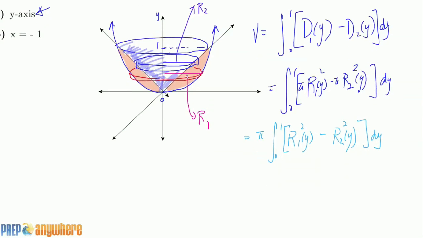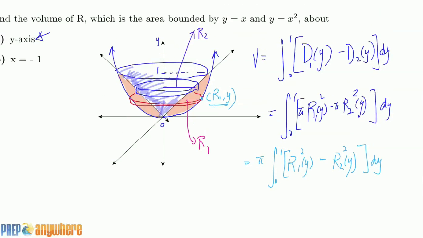So anyways, R1 is the x value on the parabola, right? Like this coordinate right here will be some x value with R1, like this. Right? So we need, oh sorry, that's backwards. I meant the x value is R1 with y, okay?